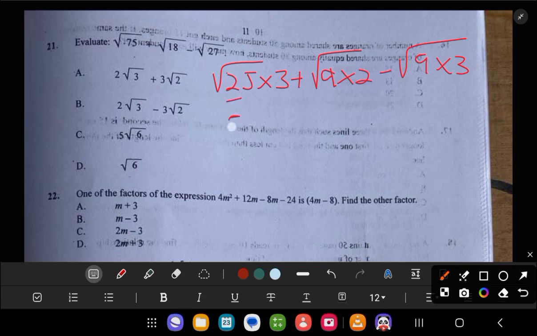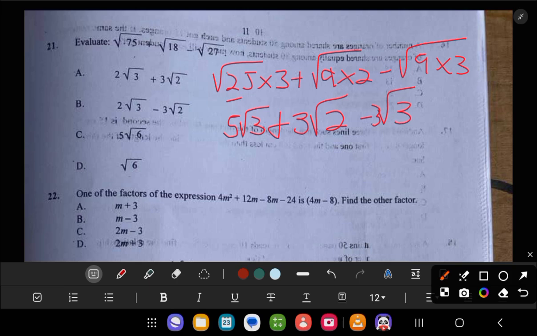The square root of 25 is 5, so 5 root 3, plus the square root of 9 is 3, so 3 root 2, minus the square root of 9 is 3, so 3 root 3.